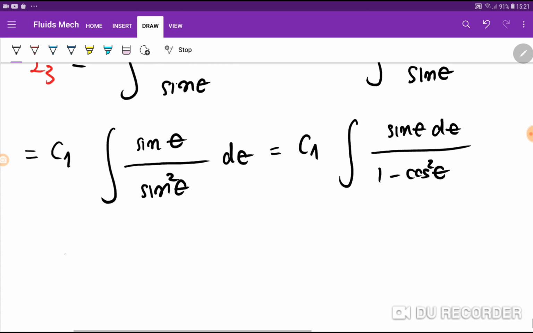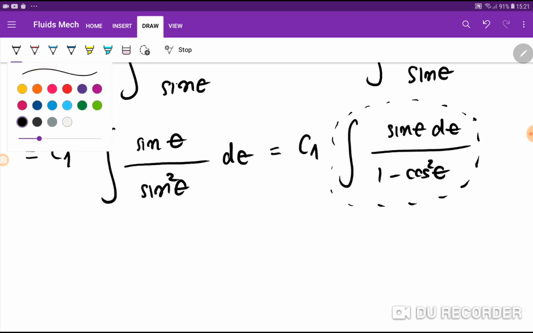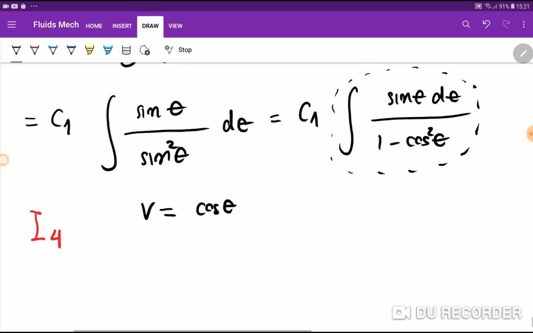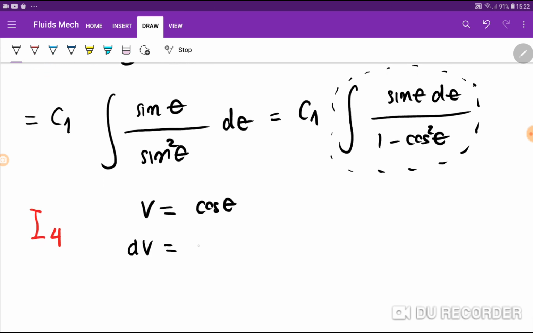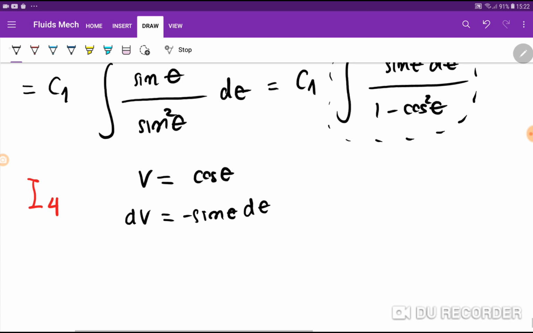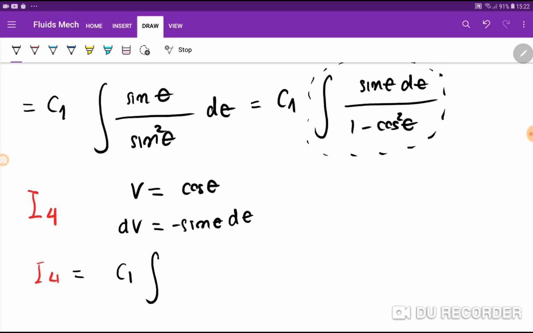Now I'm going to evaluate this, say it is I4, with a substitution. Let v equal cos theta, so dv equals negative sine theta d theta. Substituting in, I4 will be equal to C1 times negative dv over 1 minus v squared.